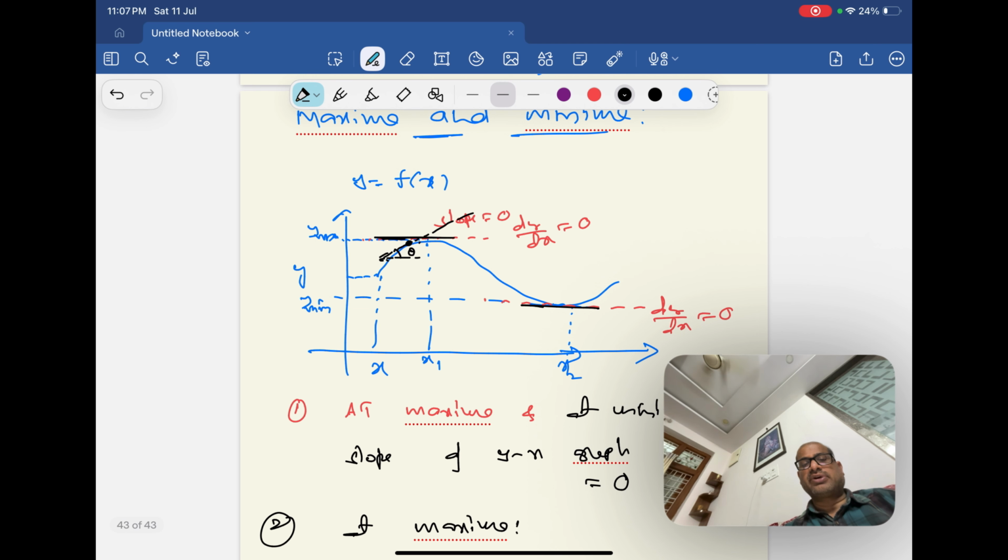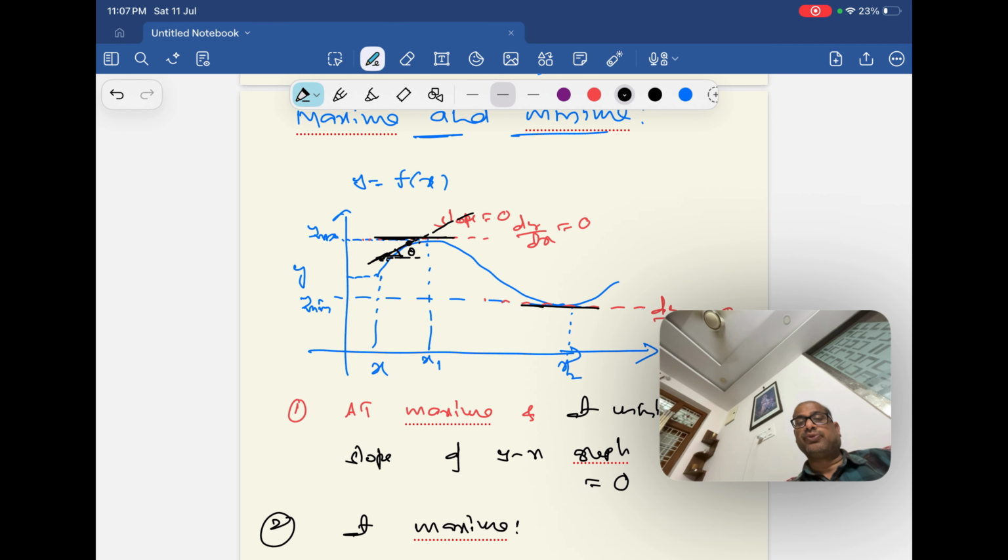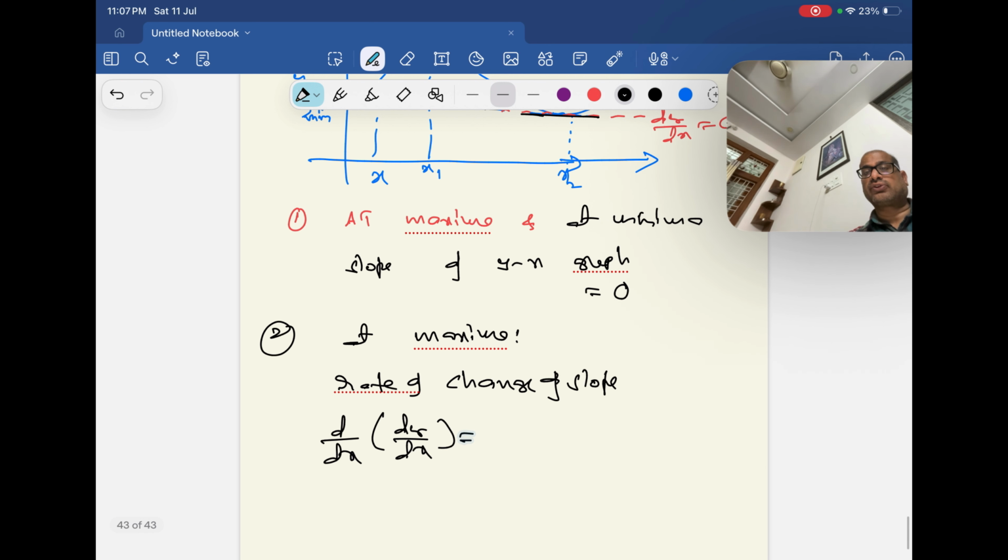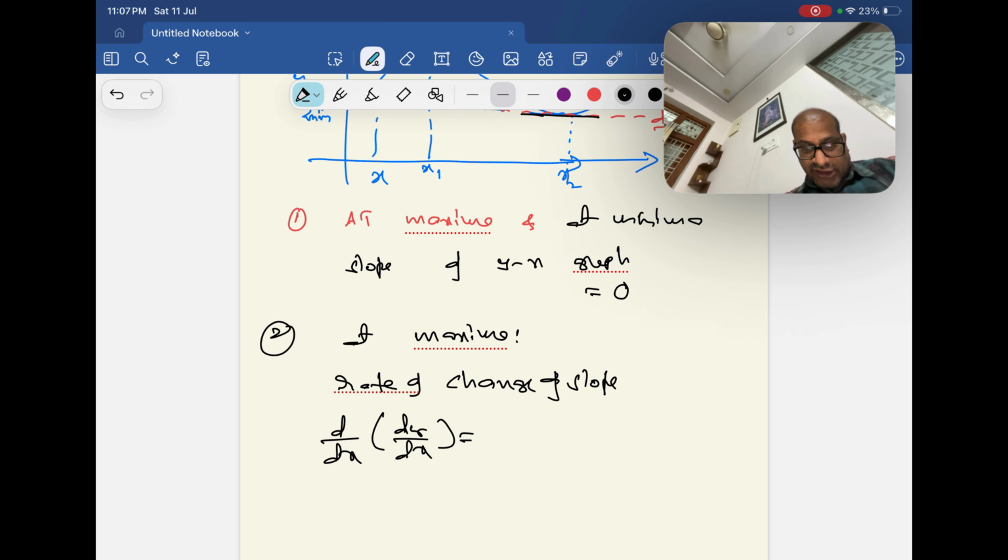Just before maxima the slope is positive, and at maxima the slope is 0. So how is the slope changing?